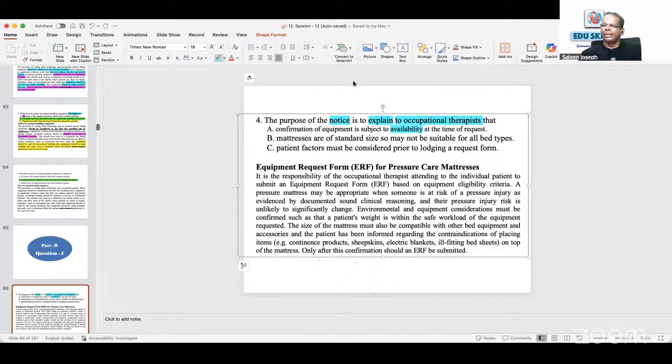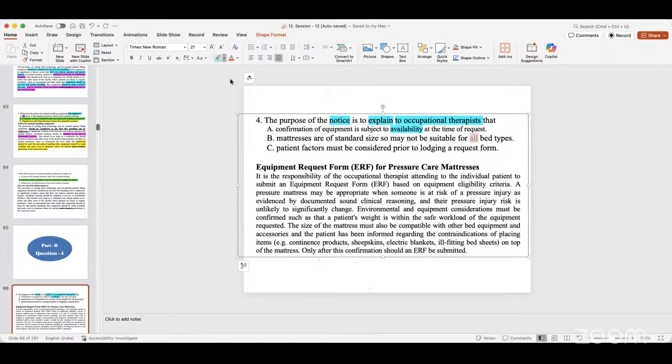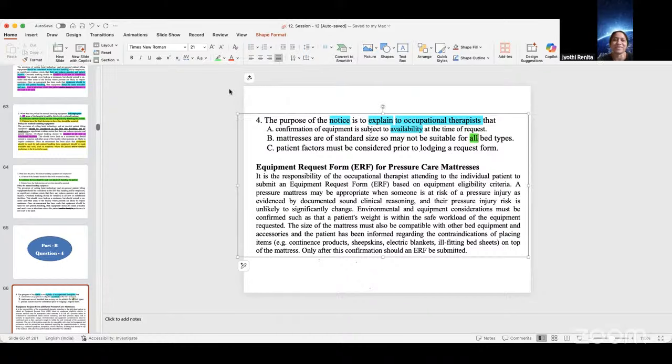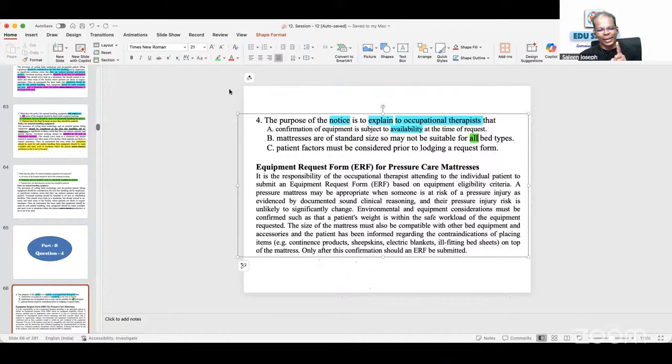Standard size. Here it is not absolute; the meaning is not absolute. And I'll tell you one strategy: if they use an absolute, and if the meaning is not absolute, that must be the right answer.